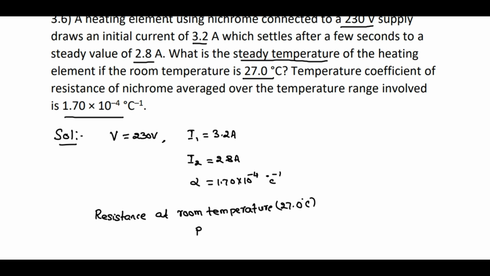That is, we are taking here R1. Why? Because we have two currents, so we'll get two resistances. So R1 is equal to V by I1. That is 230 volt divided by 3.2. So that is equal to 71.875 ohm after simplification.